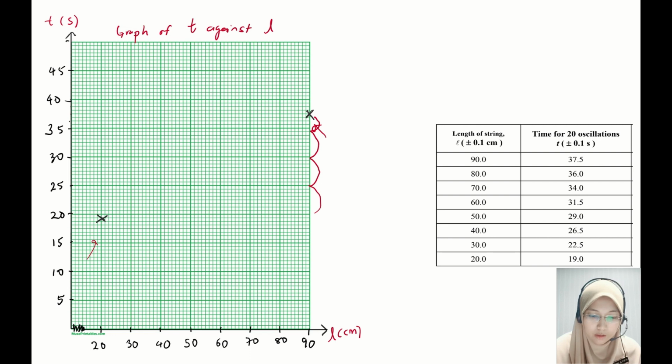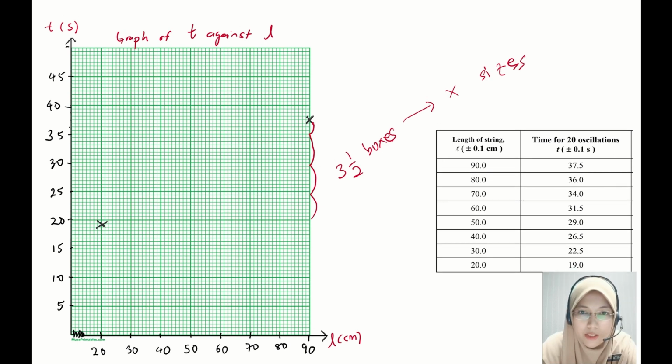It looks like 3.5 boxes, which means that it does not obey the size. Since the amount of boxes is not exceeding 5 boxes, we need to have a bigger scale for y-axis. So then we can have a better position for the lowest and highest point of the reading.